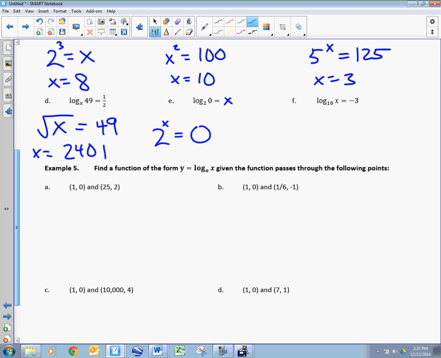That will give you 1/8, right? And if you notice from our graphs yesterday, if we drew 2 to the x, we crossed through 1, but we never crossed over 0, did we? In fact, we said it will never be equal to 0. So for this, there is no solution. Or you could say undefined. There's no value that will work out there. You punch it in your calculator, it says error, domain error.